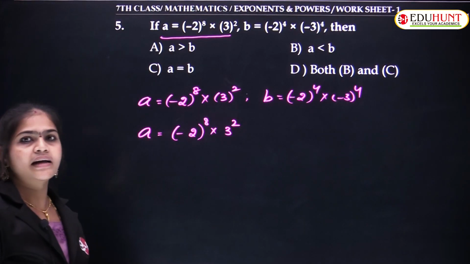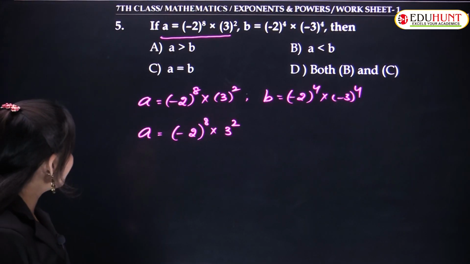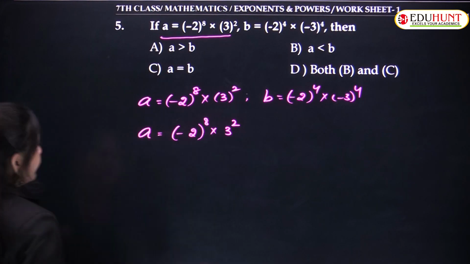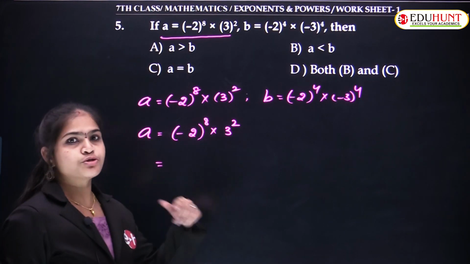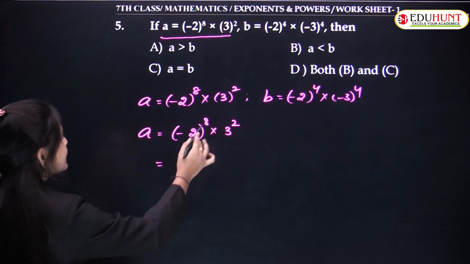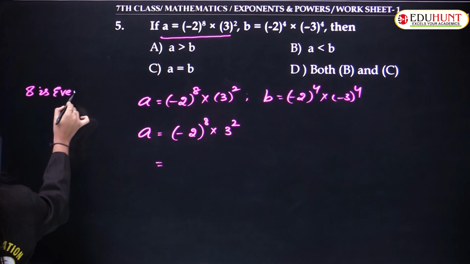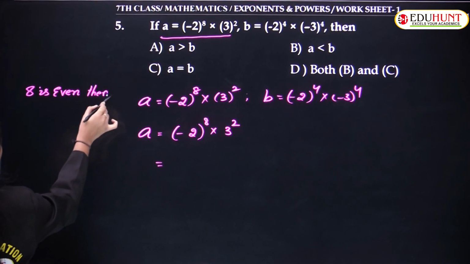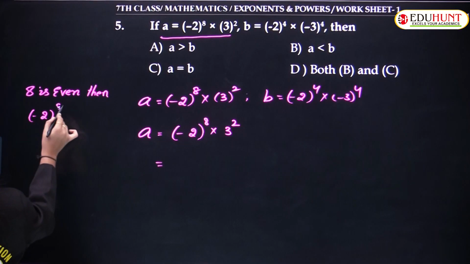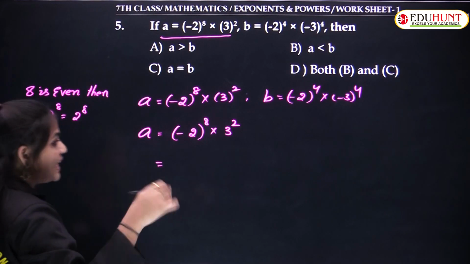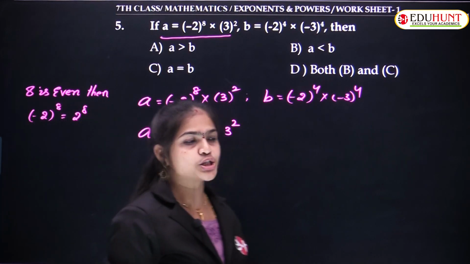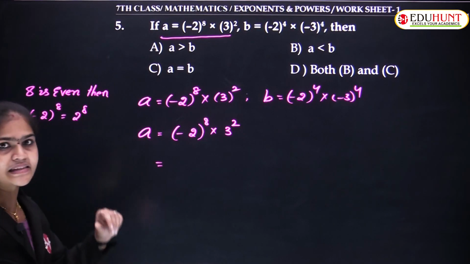How can we write this one? Minus 2 power 8. 8 is even, no? Then minus 2 power 8 is equal to 2 power 8. Why? Because an even number of times in multiplication gives plus 1 only.